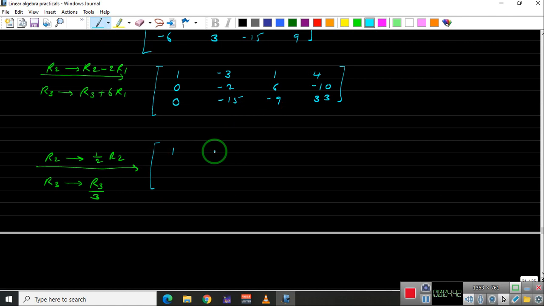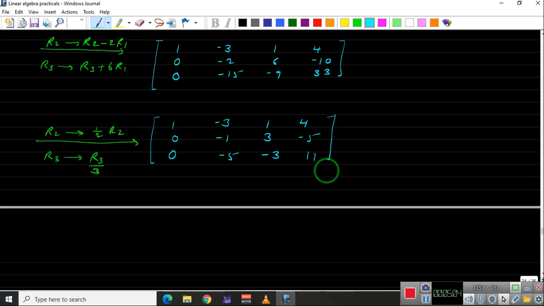With these operations we get 1, minus 3, 1, 4; 0, minus 1, 3, minus 5; 0 divided by 3, so minus 5, minus 3, 11. And on this, let's make the last operation.